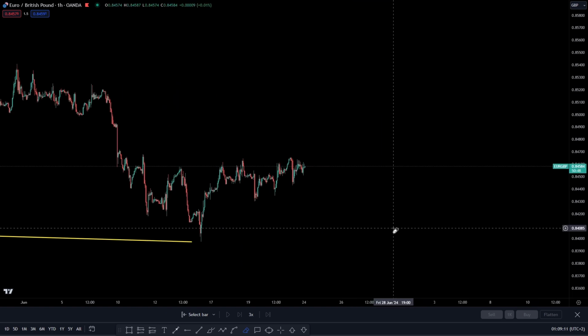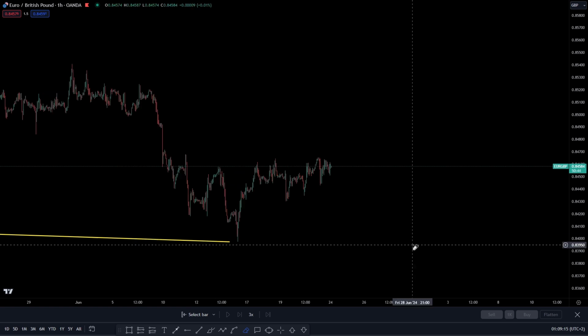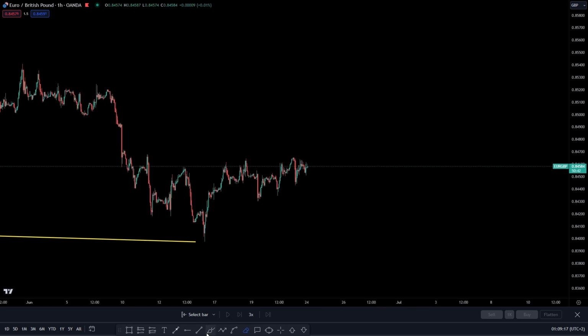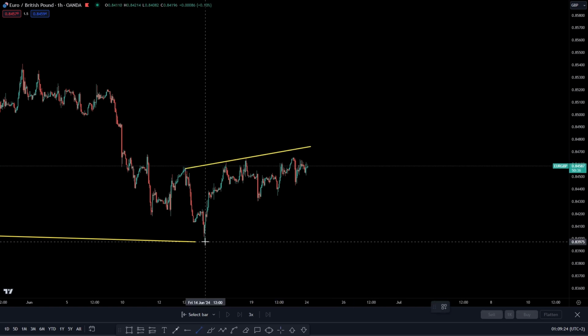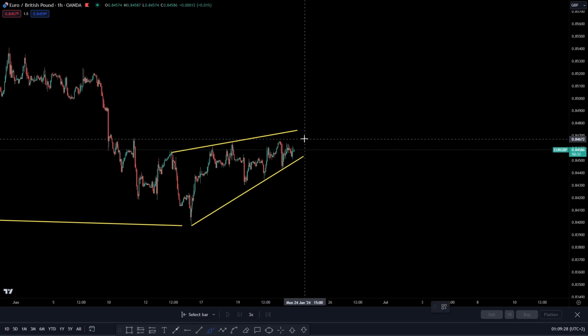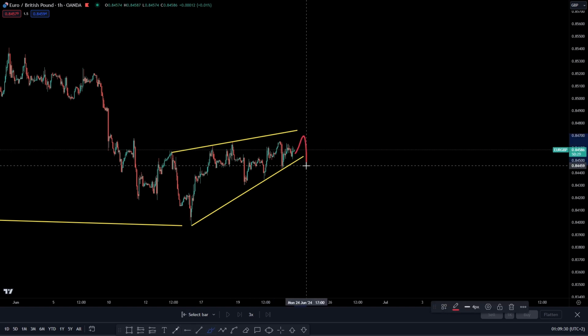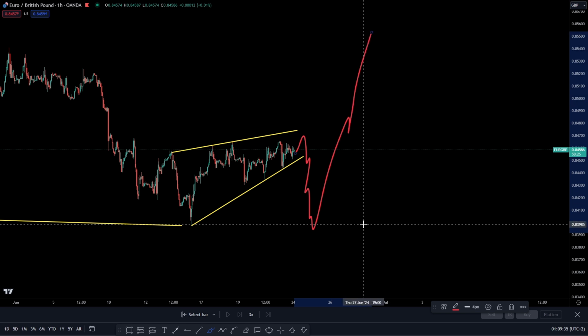Looking at the hourly time frame, there isn't much, I won't lie. Firstly, price is corrective. Can you see? Price is corrective. So this suggests that one more drop is possible before the rise.